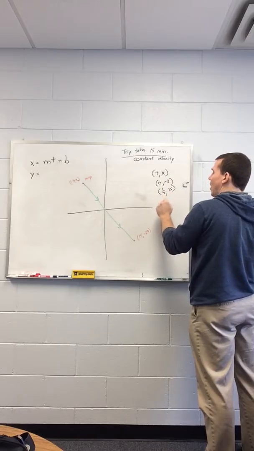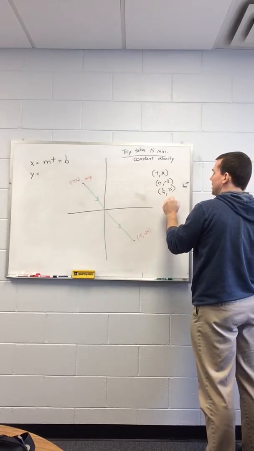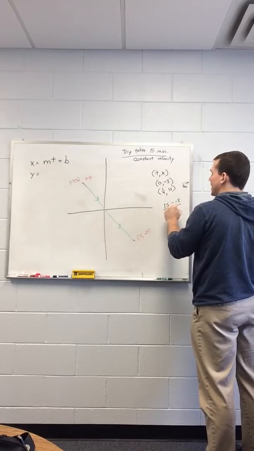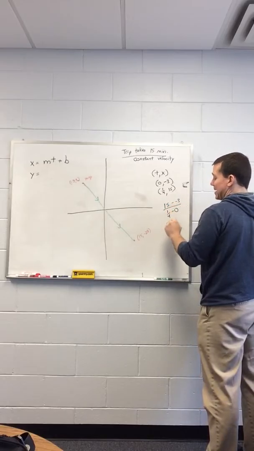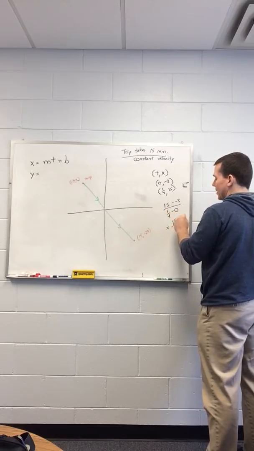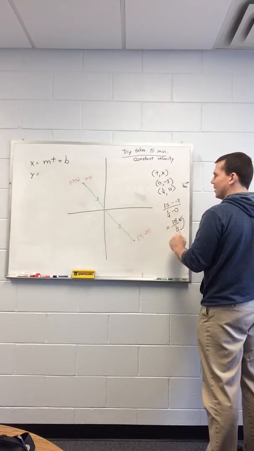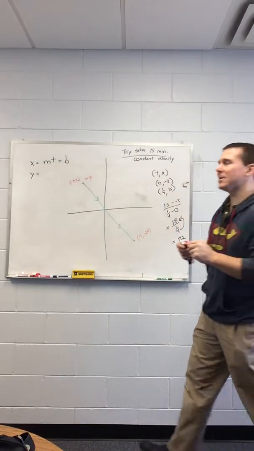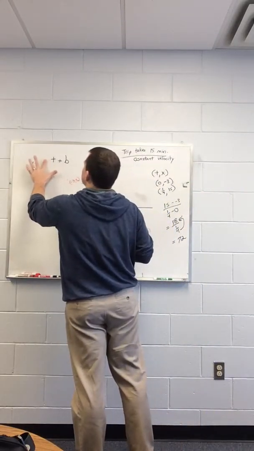Let's see, change in y. So 15 minus -3 over change in x, 1/4 minus 0. 15 minus -3 is 18, and that's 1/4. Then you multiply the 4 up top, then you get 72. Which means apparently my slope should be 72.